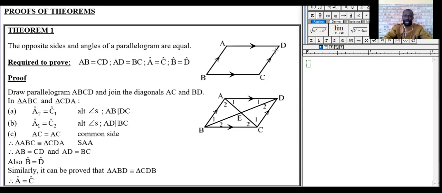Now, when it comes to the proof, let me put it down as step 1.